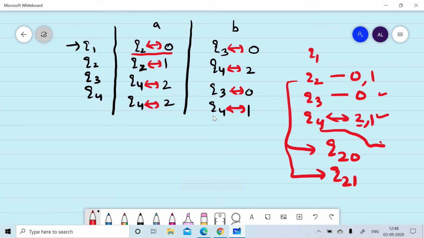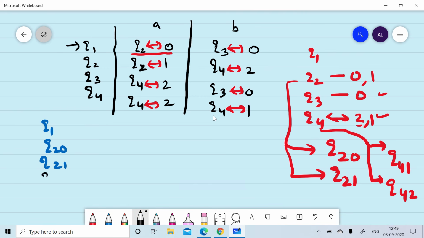Q4 state is divided into two parts: Q4 1, that is Q4 state with 1 output, and Q4 2, Q4 state with 2 output. So our Moore machine will look like Q1, Q2 0, Q2 1, Q3, Q4 1, Q4 2.